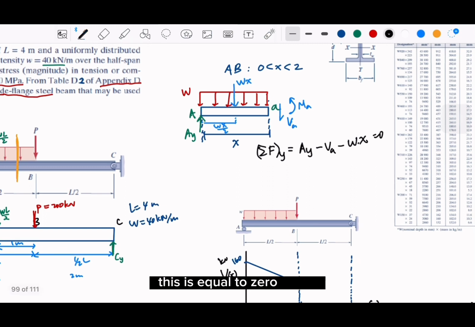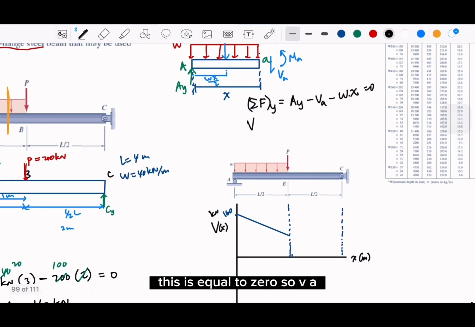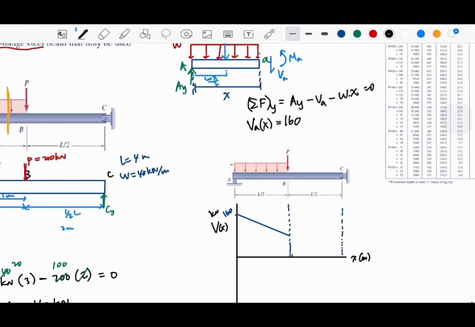This is equal to 0. So VA, or VAX, this will be equal, AY is 160 minus 40x. Okay, this is the linear equation.